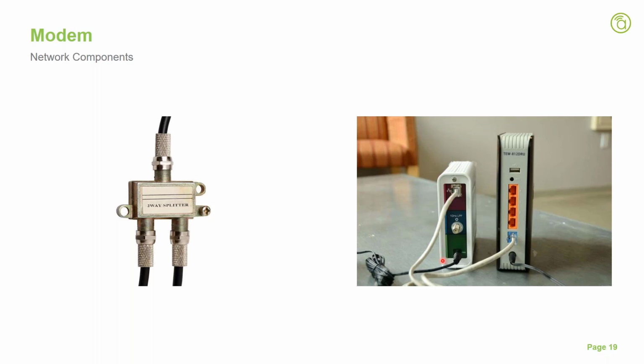But if you're dealing with cable, which is the majority of the US, you will encounter something called a two-way splitter. And this is usually installed by the ISP or the cable provider at the premise. What it does, because the cable infrastructure carries both data, which is the internet, and video, which is the HD content, or non-HD content, that you can access as TV channels.